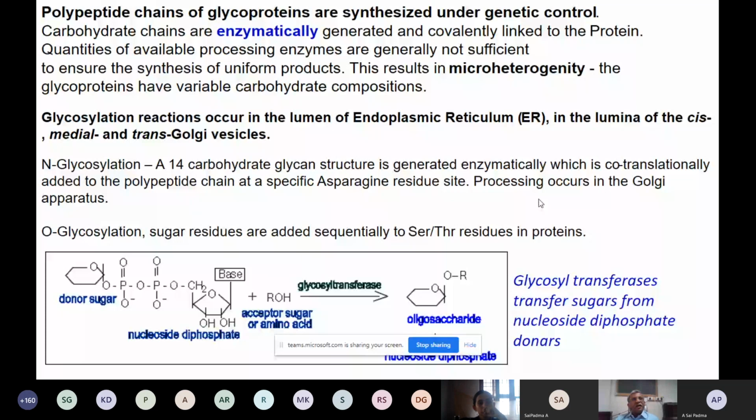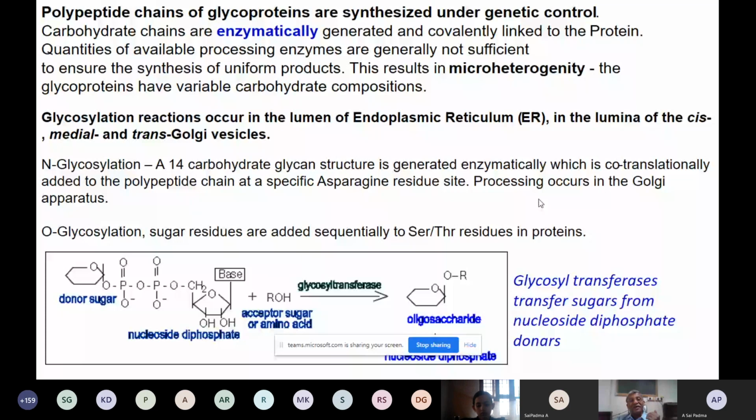Now, when we consider the biosynthesis of proteins, we know that it is through the translation of an mRNA. The protein is generated by addition of amino acids in a specific sequence, and you generate the polypeptide chain. On the contrary, the glycan structure is synthesized as a pre-assembled molecule primarily by specific enzymatic mechanisms.